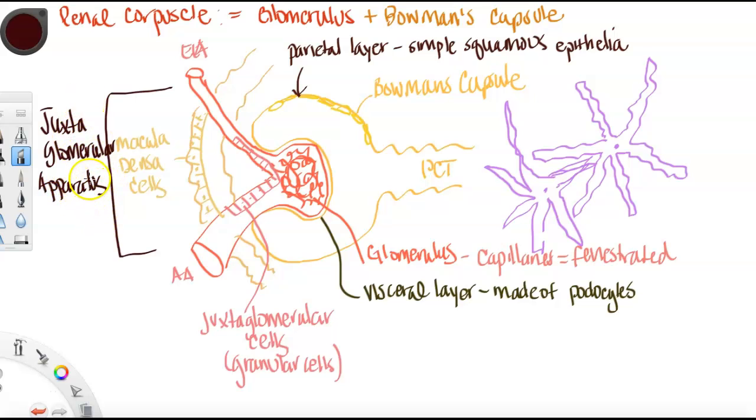So the juxtaglomerular apparatus is the macula densa cells plus the juxtaglomerular cells. That makes up that apparatus. Okay. So that is the structure of the renal corpuscle. Remember, the renal corpuscle is the glomerulus and the Bowman's capsule together.